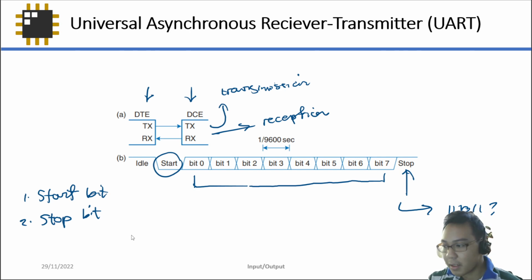And we still have one more problem, that is what if they're expecting different transmission rates for the bits. Well, that is solved by not sending over a specific clock, but rather by deciding the clock beforehand on the standard.